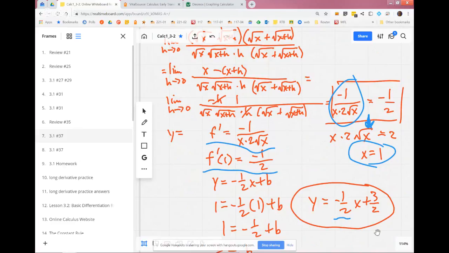You can solve for b. So y equals -1/2 x plus 3/2 would be the final solution. The only difference here is, instead of them giving you a point, they gave you a line that we were parallel to, and it just caused a slightly different technique for finishing up.